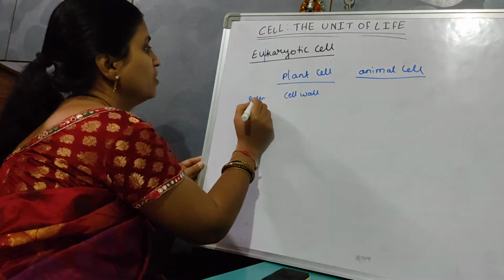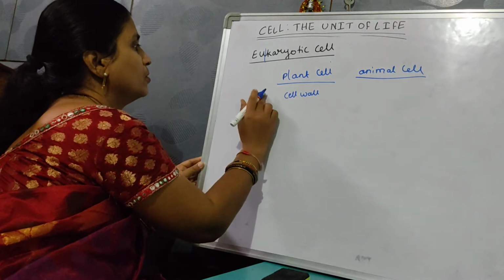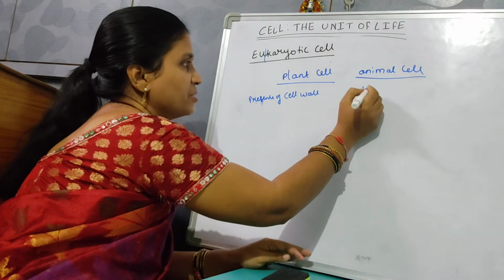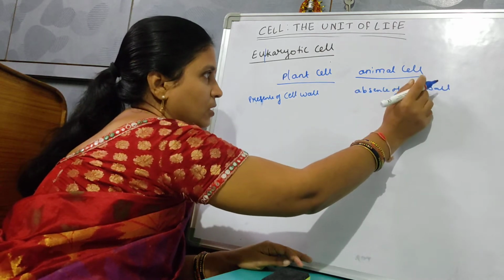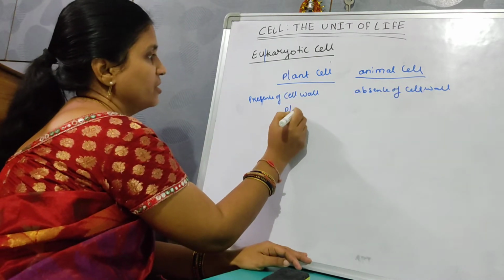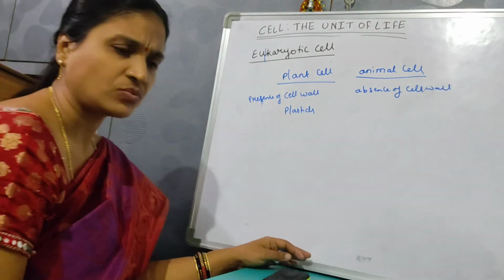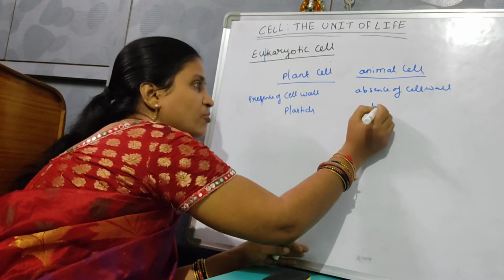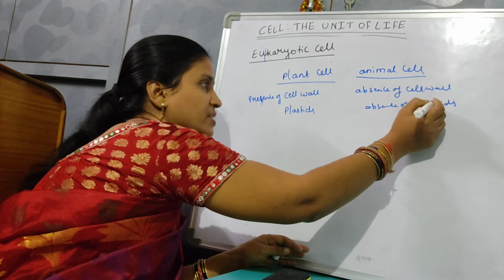Here, absence of cell wall. Then here plastids are present. Plastids, that is chloroplast, all double membrane plastids are present. Here absence of plastids. Plastids are totally absent in animals.